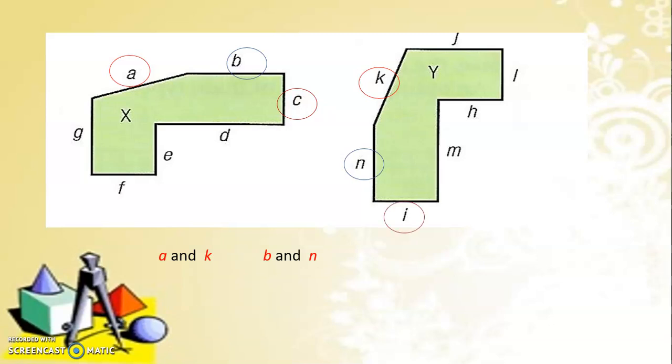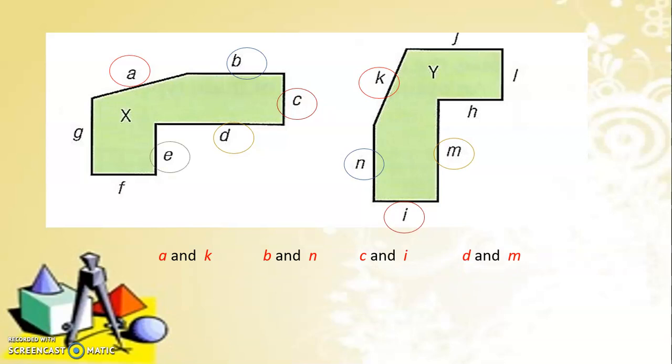I is congruent to letter C. So we can say that C and I are congruent to each other. Next, D. Which side is congruent to letter D? M is congruent to letter D. So D and M are congruent.